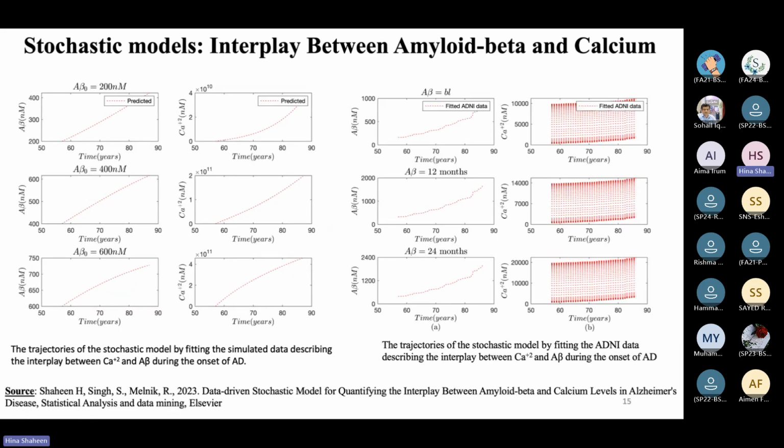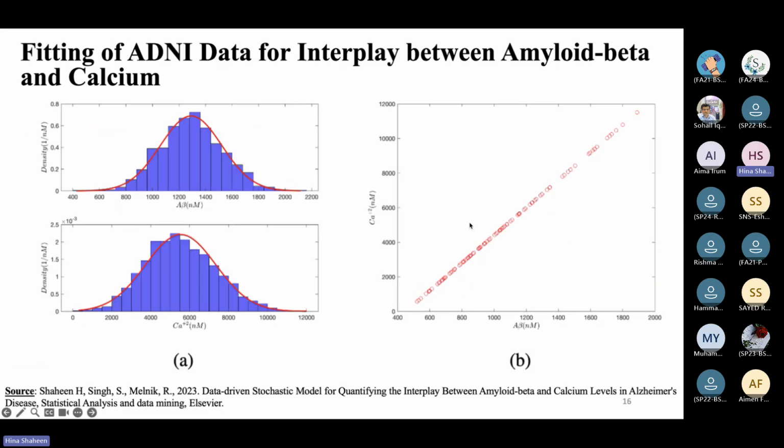Okay, so calcium is another protein which gives us information about Alzheimer's disease, and there exists a positive and very stable loop between the amyloid beta and calcium concentration. So again, we wanted to see, using real clinical data, whether they are usually directly proportional to each other.